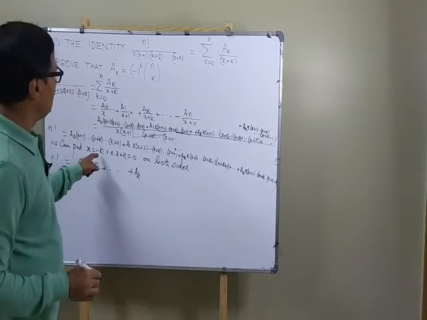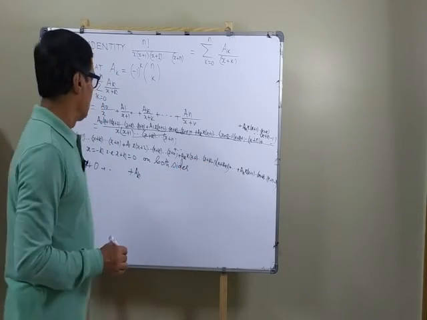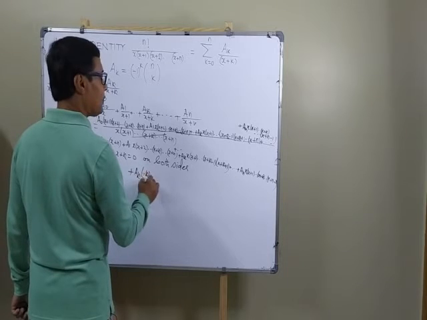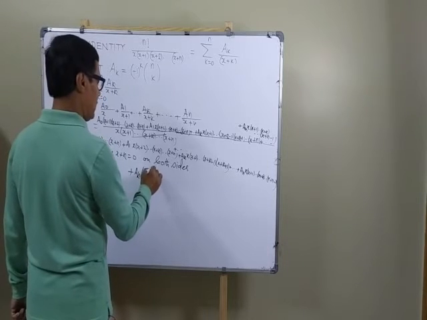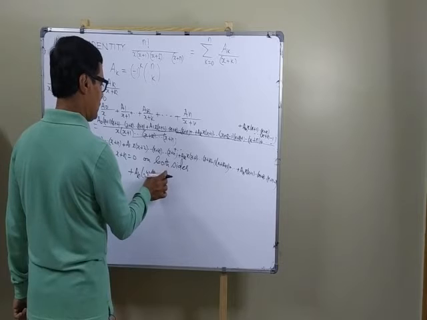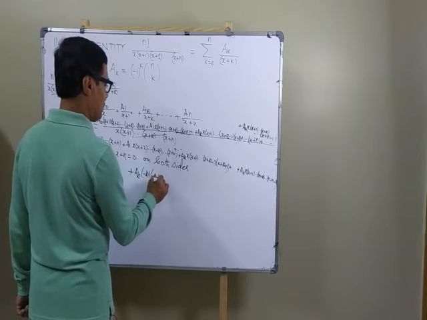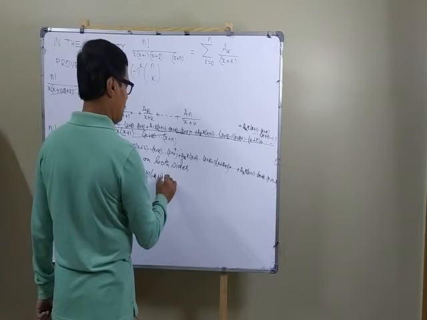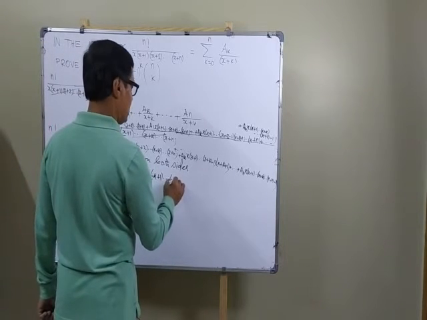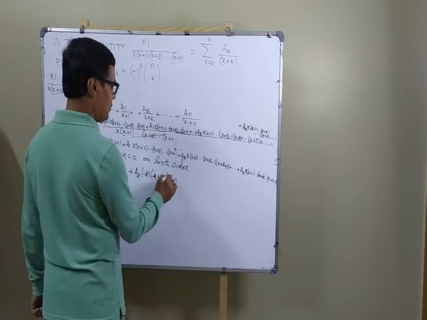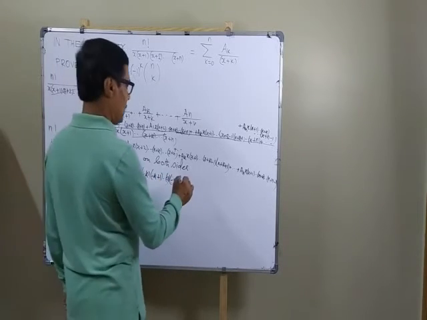If we put x equal to minus k in this term, we get minus k plus 1, minus k plus 1 dot dot, minus 1, and its previous term is also minus 2.